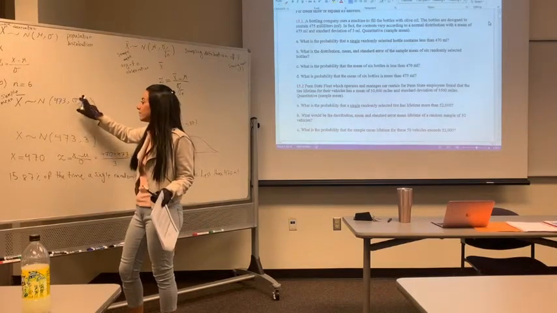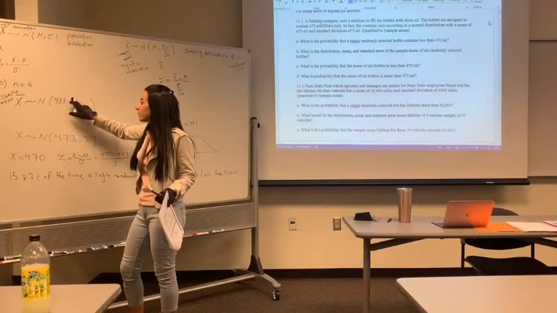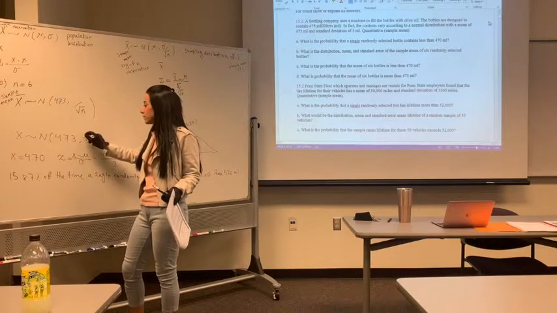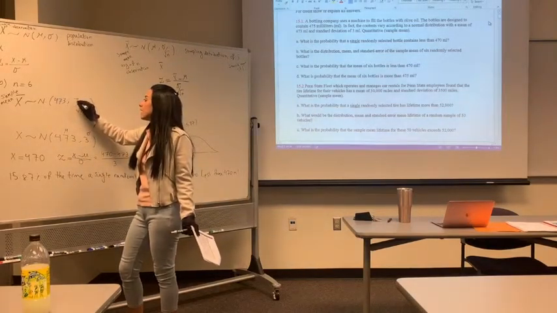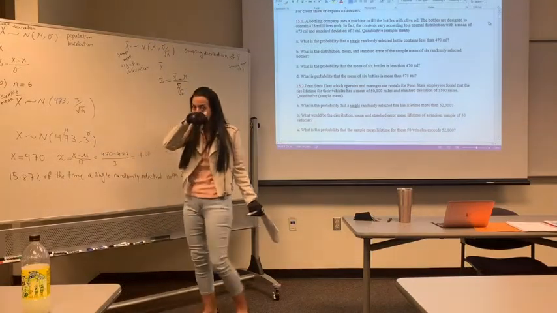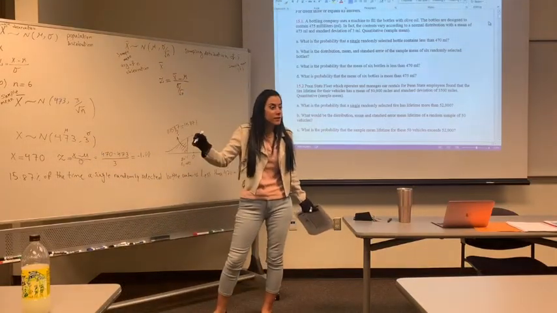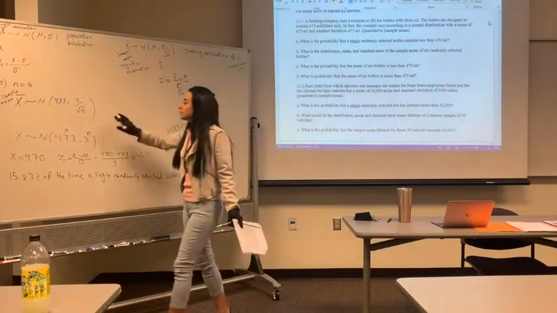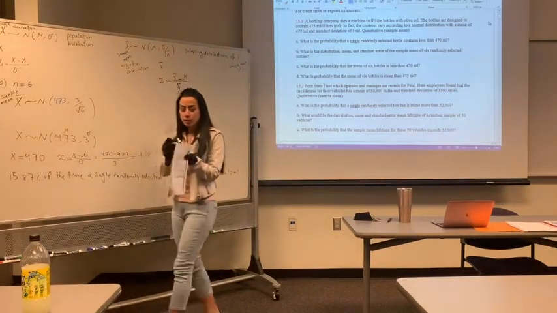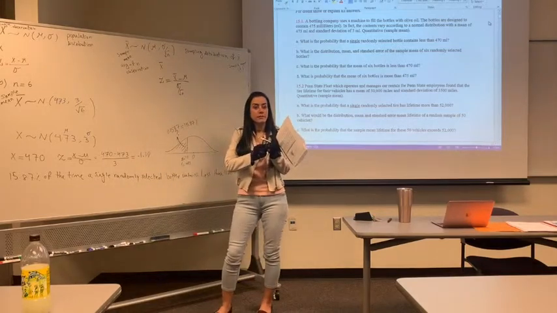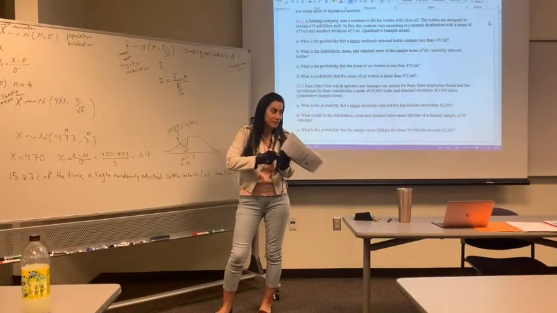So instead of sigma we have 3, because we know this one was sigma and this one was mu, right? So we have 3 here, and instead of n, we write down 6. So this is the standard deviation of the sample mean.